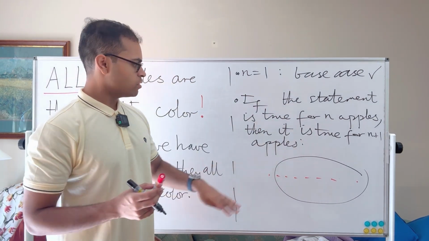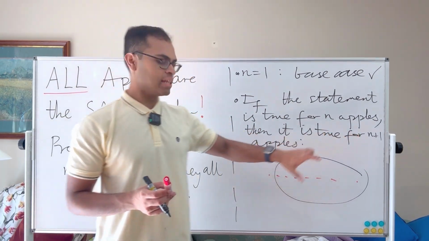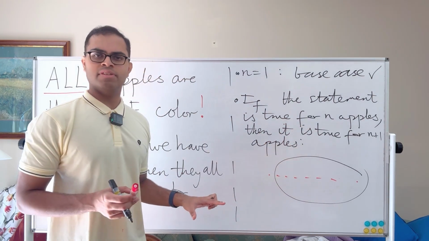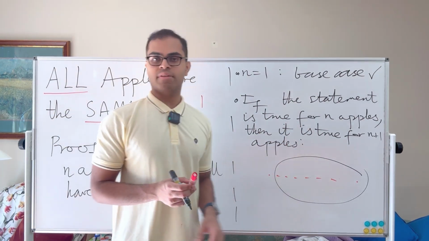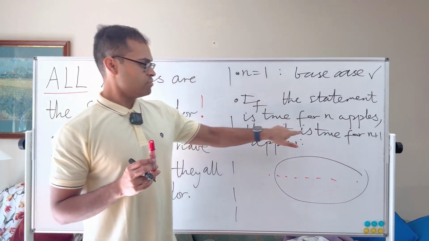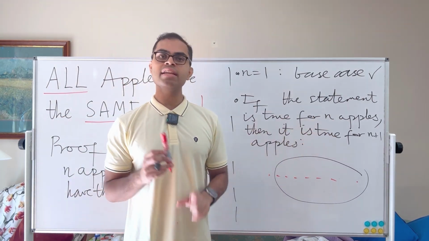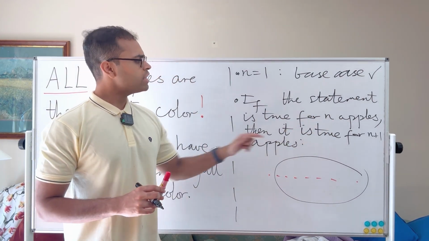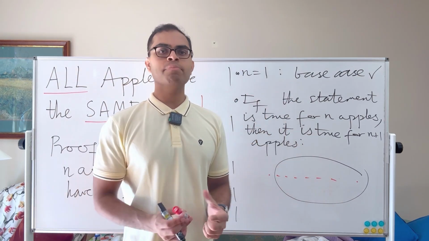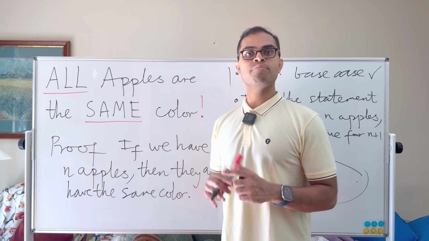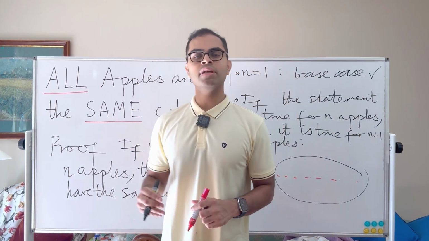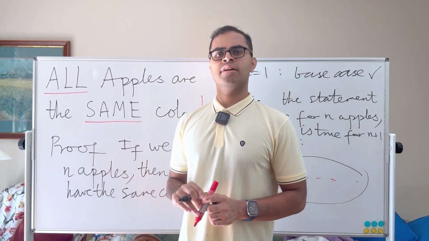But therefore, if those n apples have the same color, and the first bunch of n apples have the same color, there's an overlap, so therefore all the apples have to have the same color. So what we've done is show that if the statement is true for n, it's true for n plus 1, and therefore any bunch of n apples that I give you must have the same color. There's no way of producing a red apple and a green apple. It must have been your imagination.